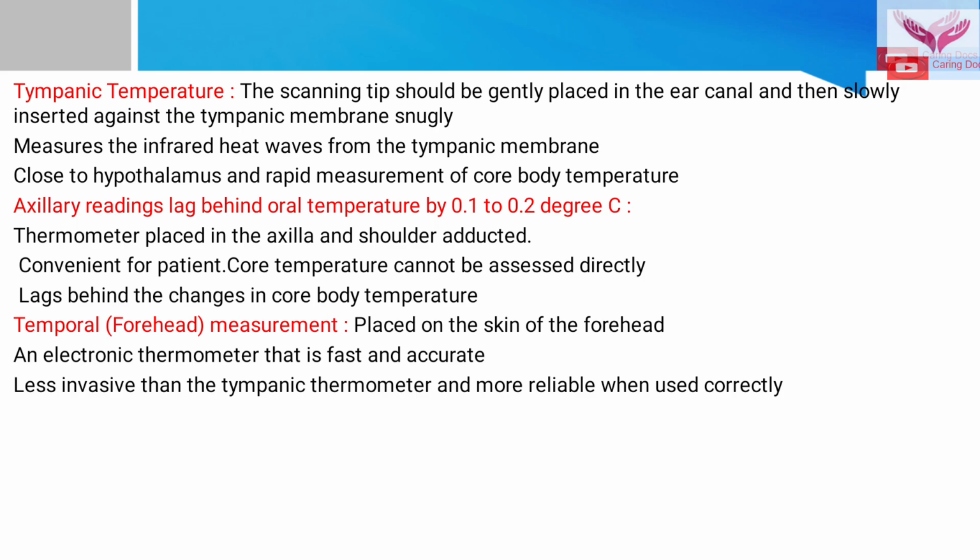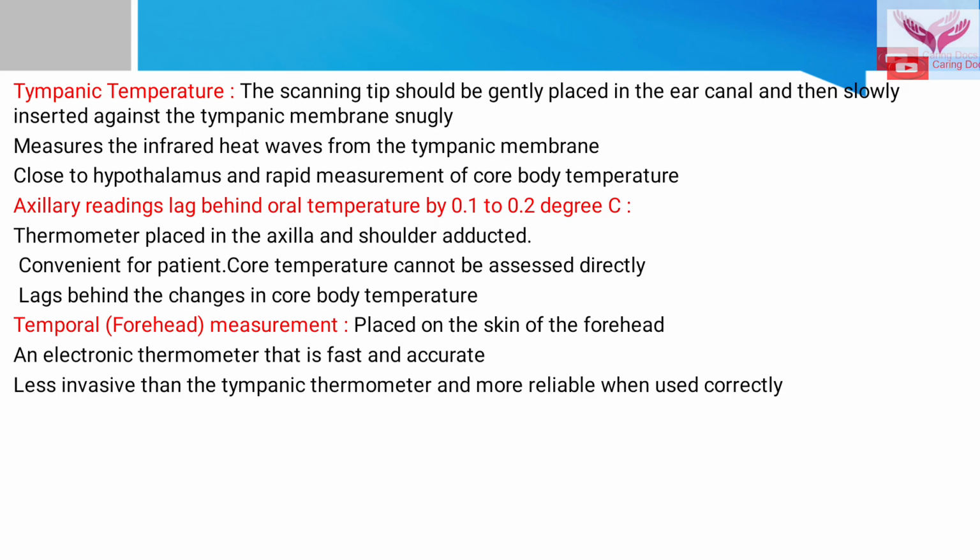Tympanic temperature: the scanning tip of the thermometer should be gently placed in the ear canal and then slowly inserted against the tympanic membrane snugly. It measures the infrared heat waves from the tympanic membrane. Since it is close to the hypothalamus, rapid measurements of the core body temperature are seen.